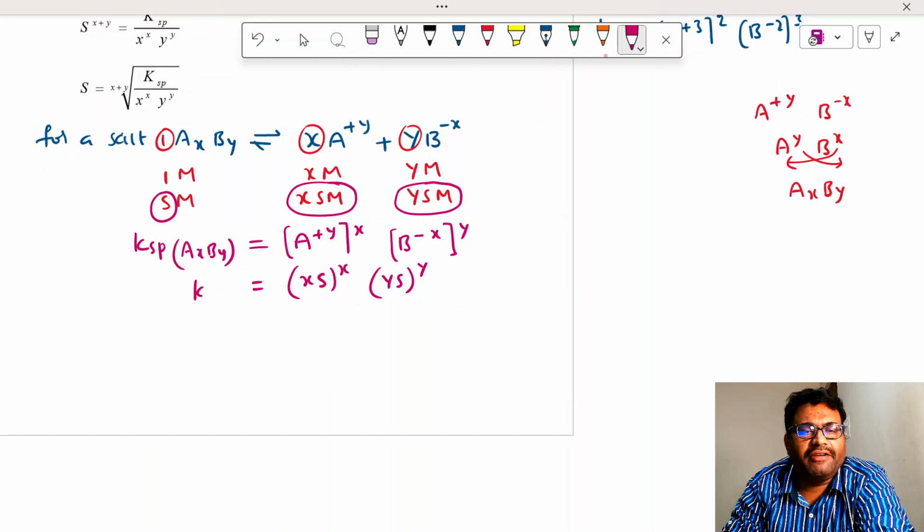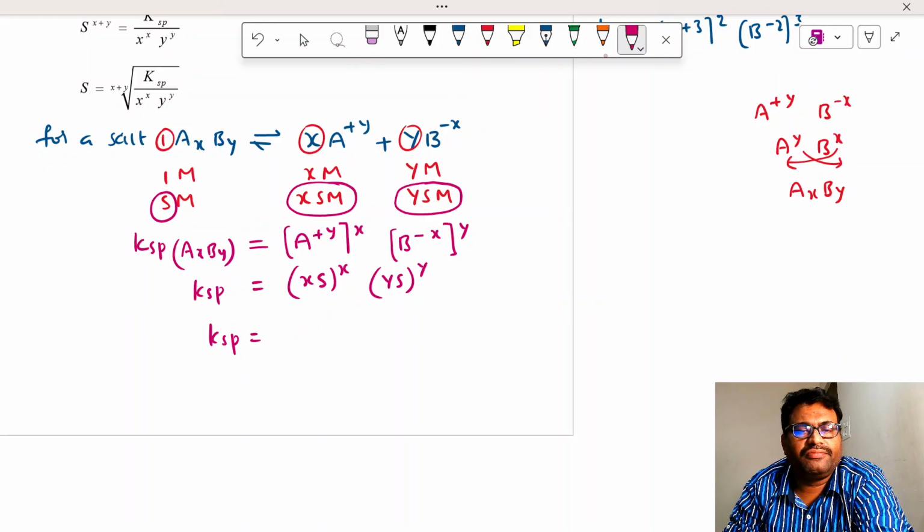So now KSP is equal to X to the power of X into S to the power of X into Y to the power of Y into S to the power of Y. This you can understand, right? That is equal to X to the power of X into Y to the power of Y into S to the power of, S base is common, then you can add the powers: X plus Y.